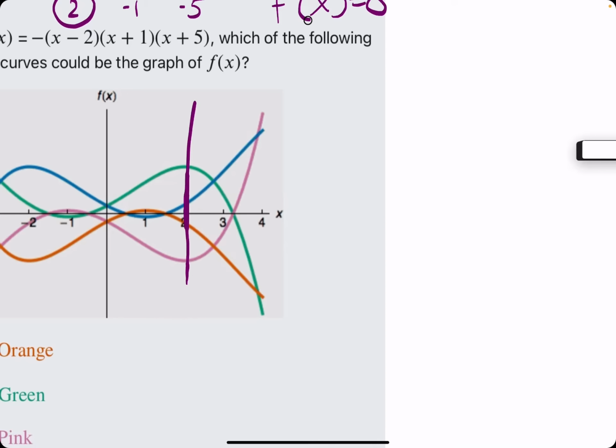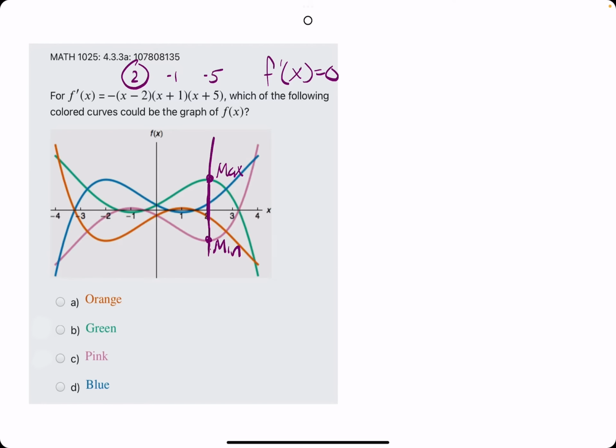So right at 2, we have a minimum for pink and a maximum for green. So we can eliminate blue and orange because they do not have either a max or min at 2, -1, and -5. So between green and pink, again, we want to plug in 0.